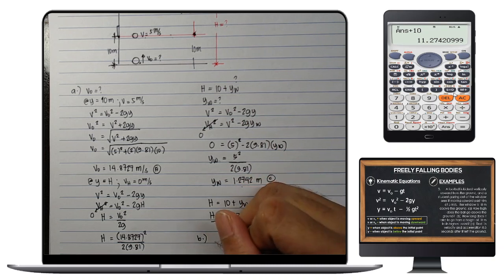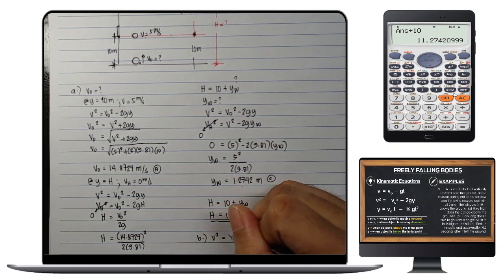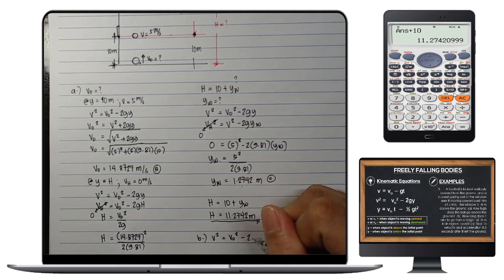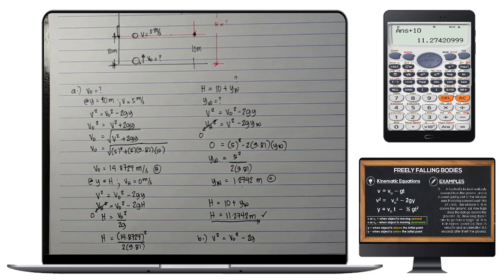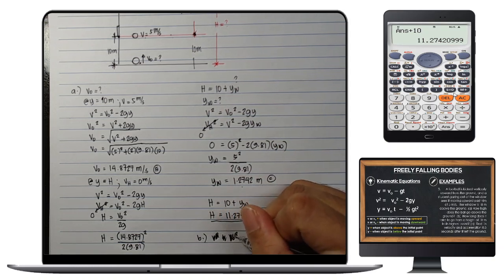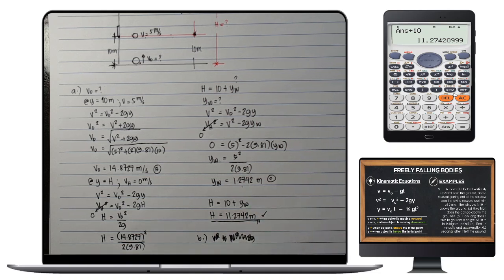So, using the second equation, that is v square is equal to vo square minus 2gy. Ay, sorry. Okay, hindi yan. So, ang gagamitin natin ay yung first equation.